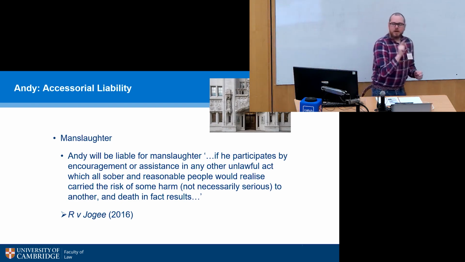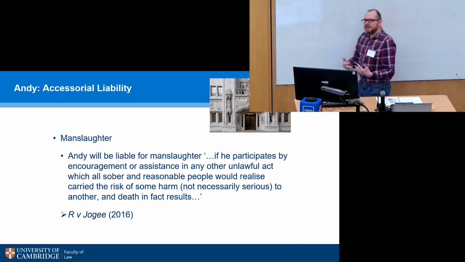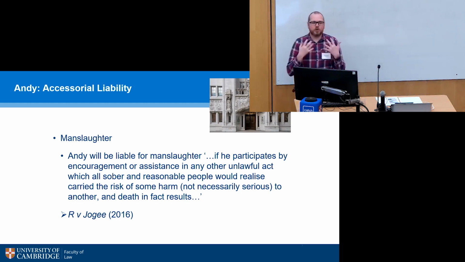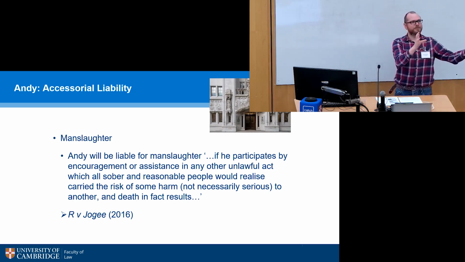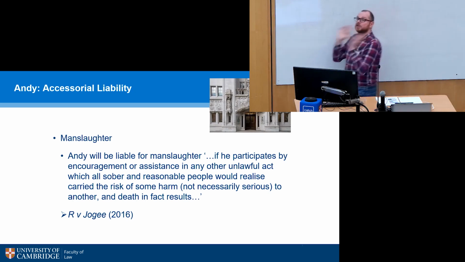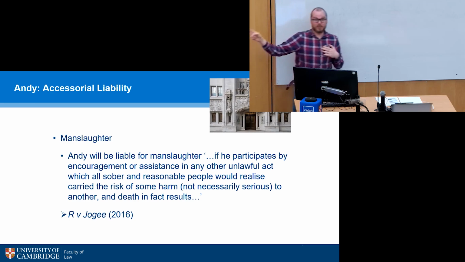The first is participation in an unlawful act. So did Andy encourage or assist an unlawful act in the scenario we're dealing with? Yeah. What is it? Robbery and assault, because he does say, look, if it comes to it, point the gun at these people. Don't shoot them, but point the gun. That's an assault.